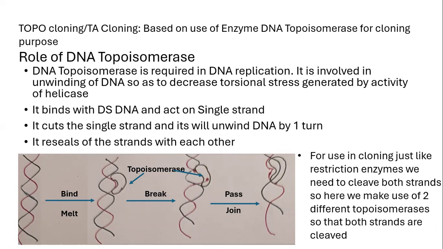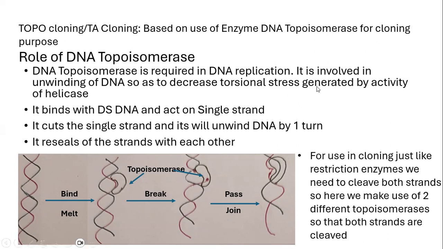During DNA replication, because of the activity of the enzyme helicase, there is unwinding of the DNA, and this leads to generation of torsional stress in the rest of the DNA. This torsional stress can be relieved with the help of the enzyme DNA topoisomerase.